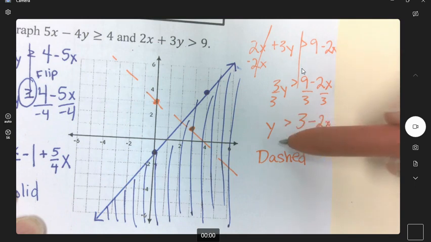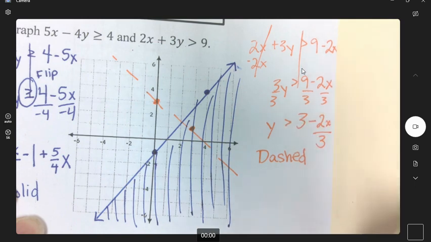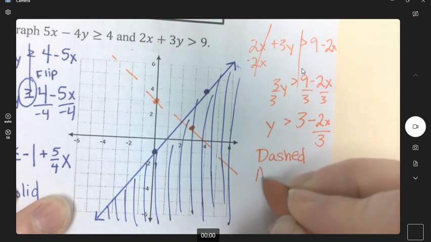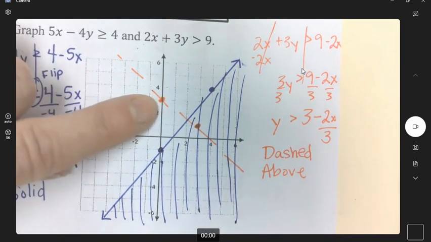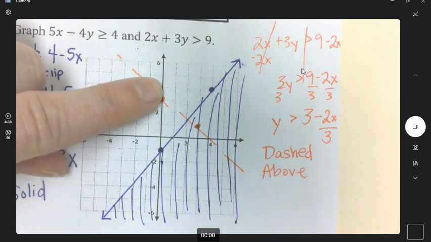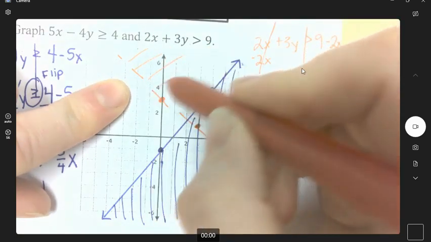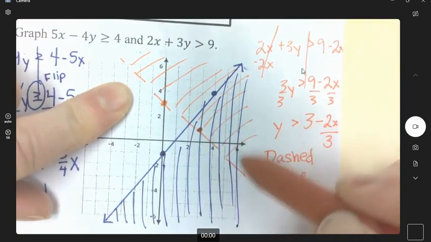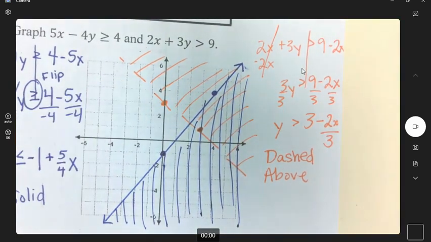Which direction am I going to shade this? Top. So go to your y-intercept and then go above that. All of this area above my red line is my shaded region.